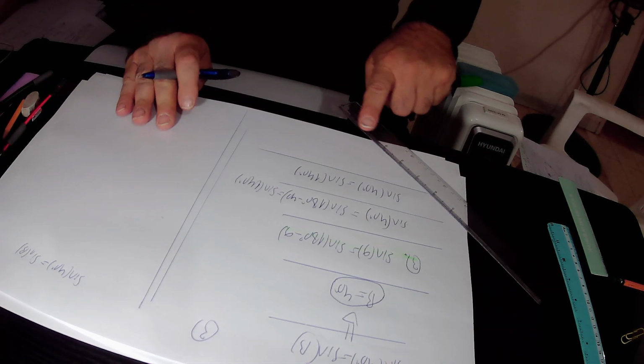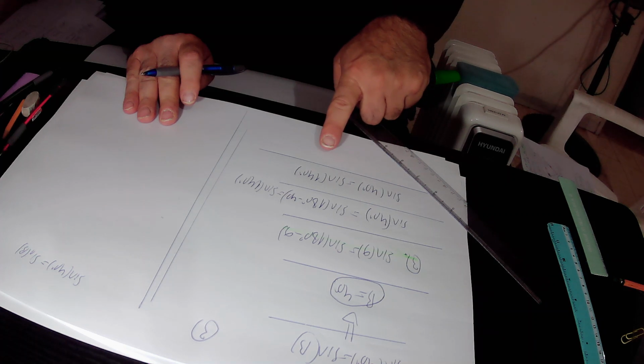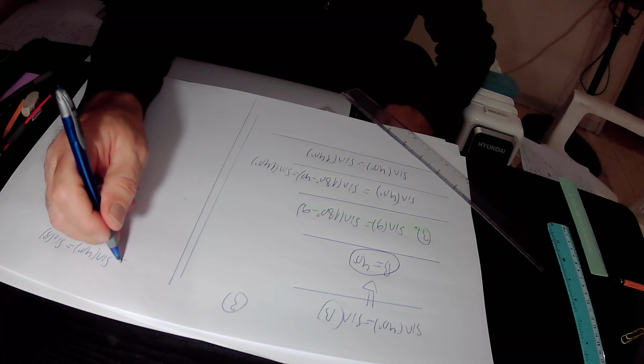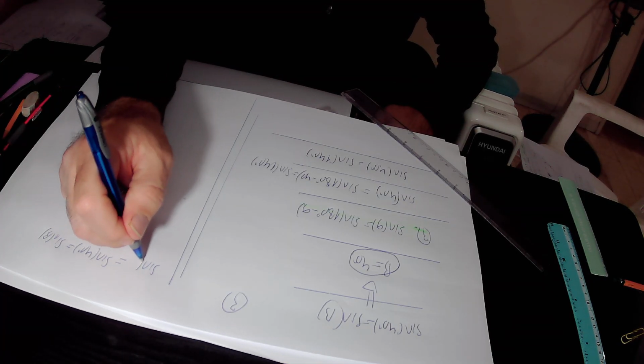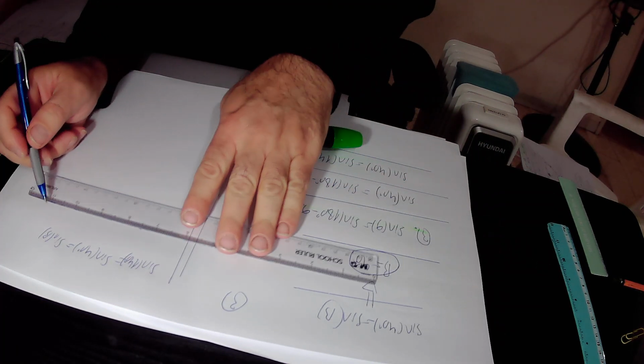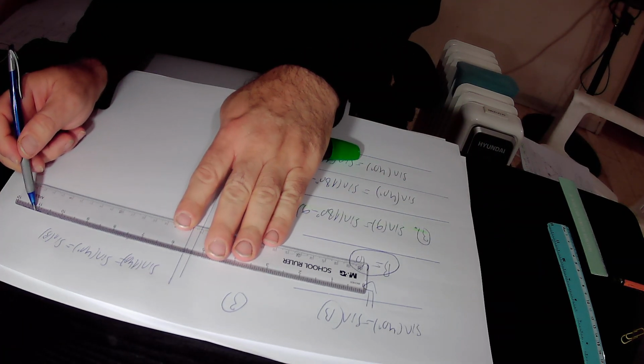But we just found out that sine 40 degrees equals sine 140 degrees. So we can write here that sine 40 degrees equals sine 140 degrees. And from this, sine 140 degrees equals sine 40 degrees equals sine beta.